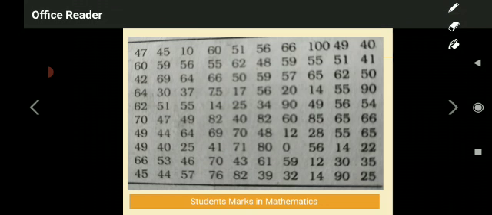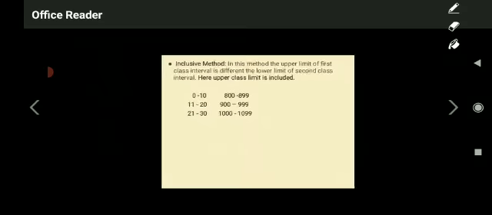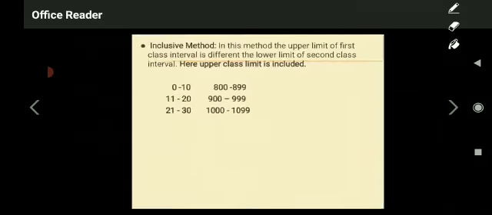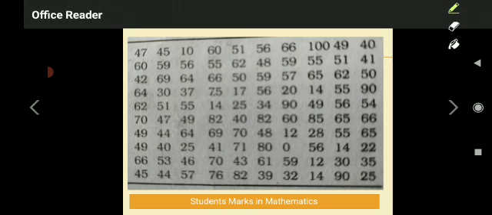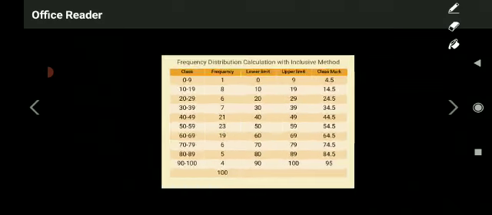Between 0 to 9, how many observations are there? Between 0 to 9 there is one observation, that is 0. Between 10 to 19 there are 8 observations.